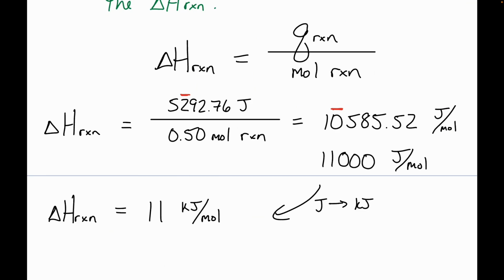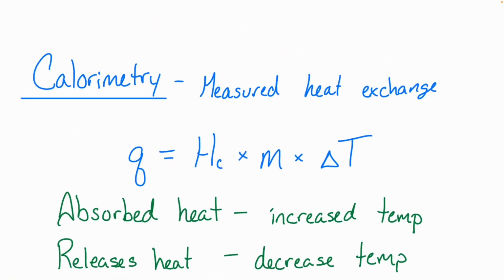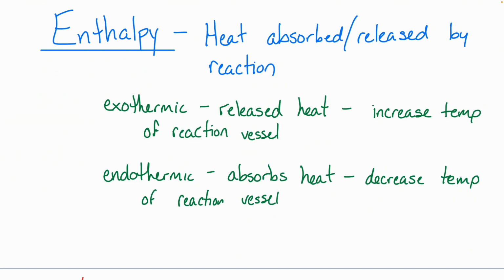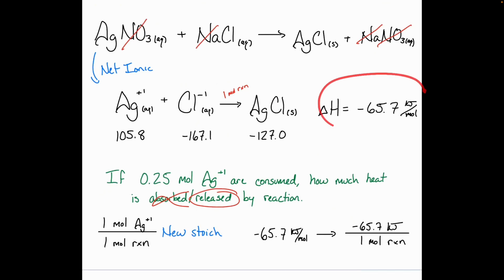All right, cool. So we have this relationship. We talked first about calorimetry in this class and how that relates to the change in temperature that you observe when heat is either absorbed or released. And then we talked about enthalpy, which is what happens when a chemical reaction absorbs or releases heat. And now we rolled them all together and we said, all right, let's say that we have a chemical reaction and that chemical reaction releases heat.